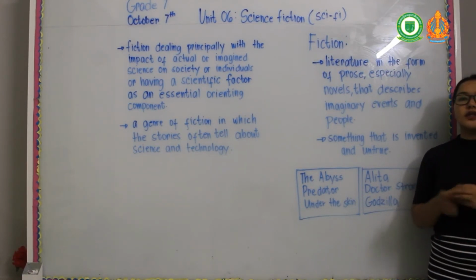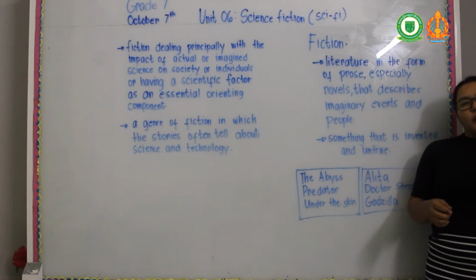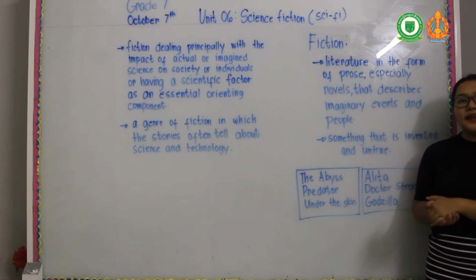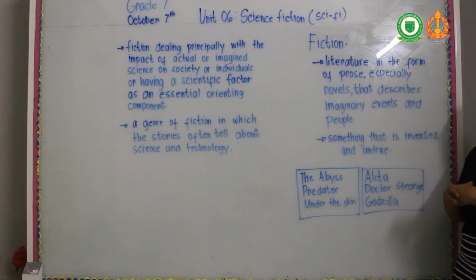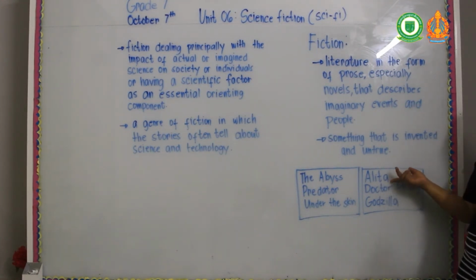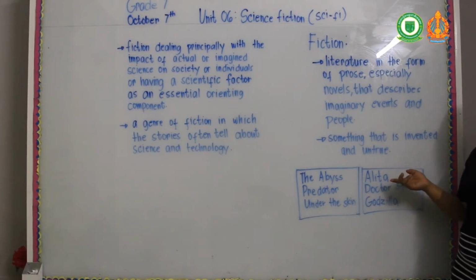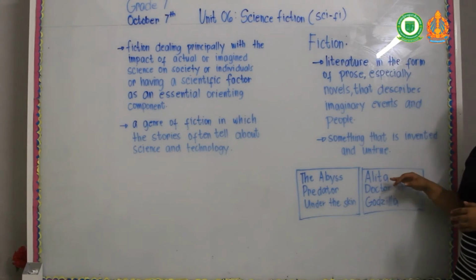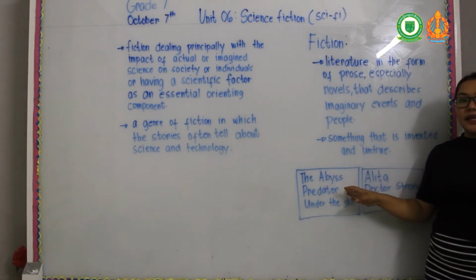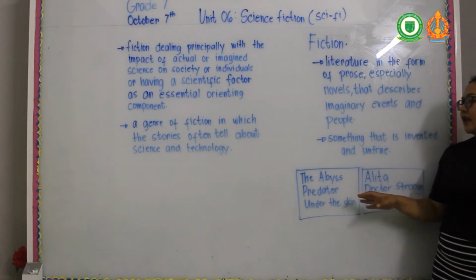These movies show us something that is quite impossible to happen, invented and untrue. But Alita maybe is something that might happen in the future. It's a movie about a robot. Predator is about an alien.